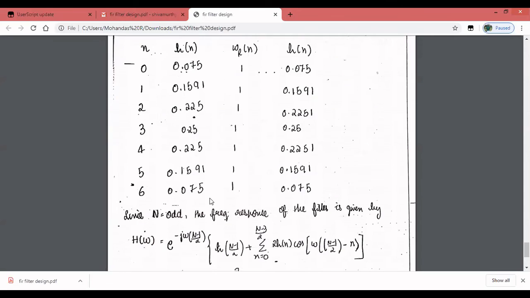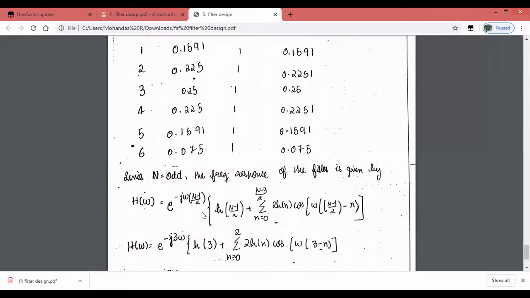The next thing I have to find out is the frequency response of your FIR filter. The frequency response of your FIR filter is given by the same formula, that is H(omega) is given by e to the power minus j omega (N minus 1) divided by 2. We have already solved one of the numericals in the earlier classes also.